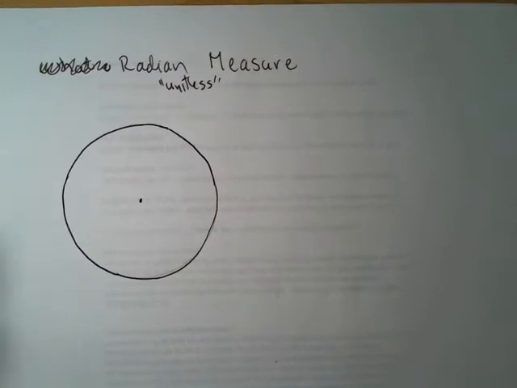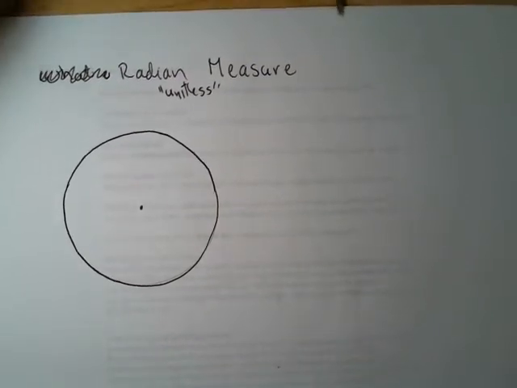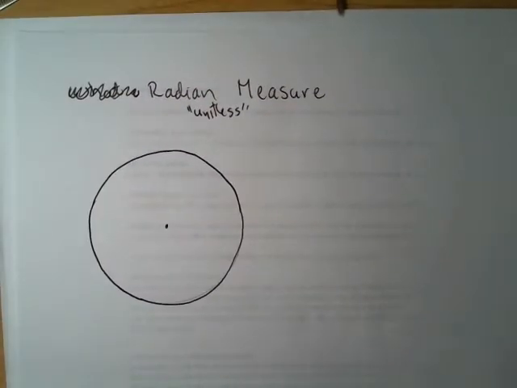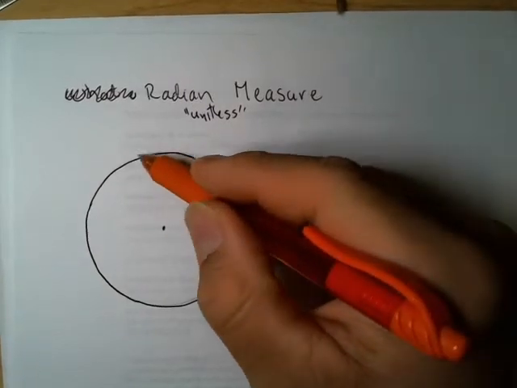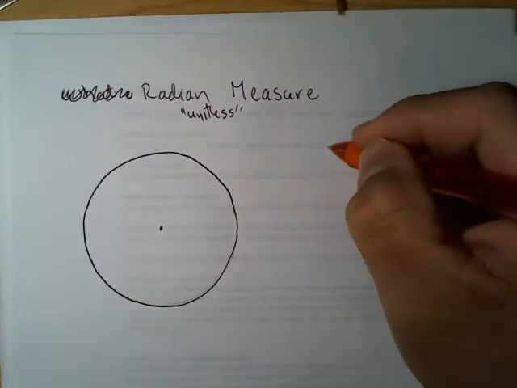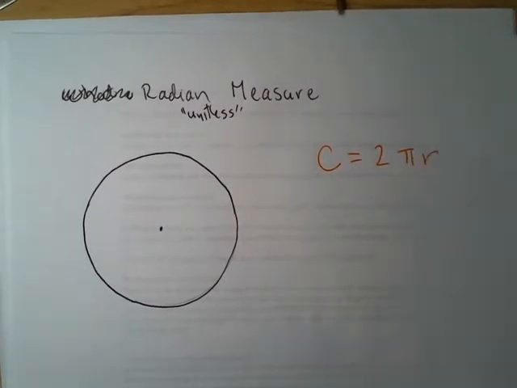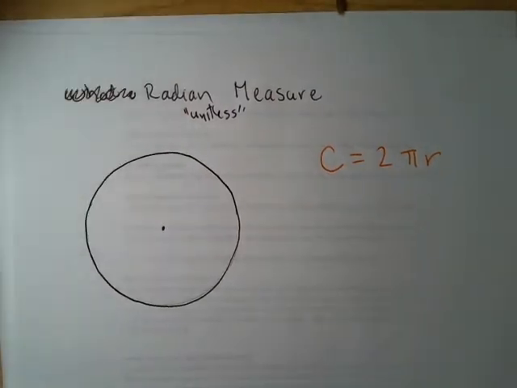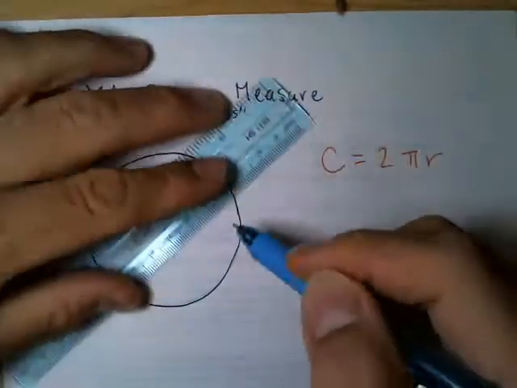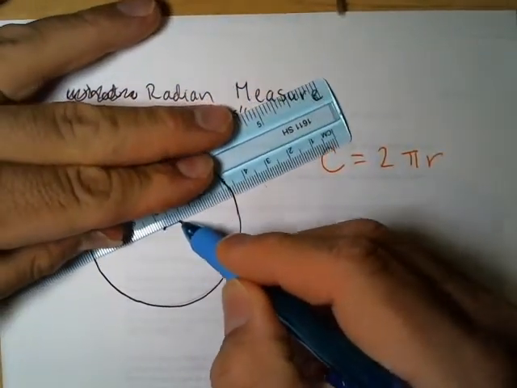What we have here is a circle. A couple of properties of the circle: the circumference, the distance around it, is 2 pi r, where r is the radius. Sometimes it's pi times diameter, which is 2 radii. So r is the radius.